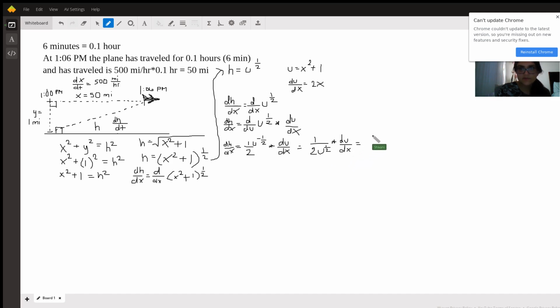And that would be equal to 1 over 2 times (x squared plus 1) raised to the 1/2 power, times du over dx, which is 2x.